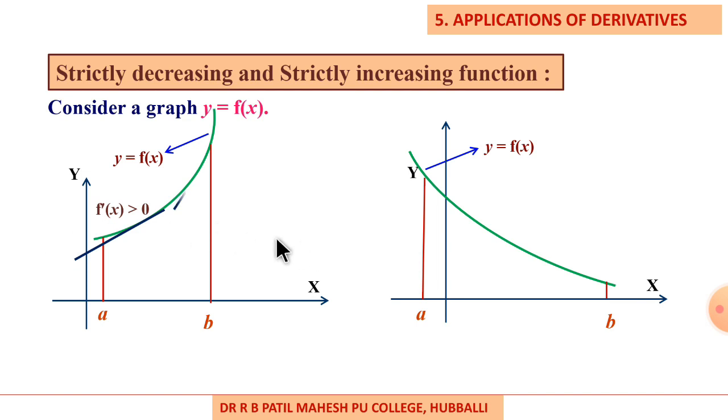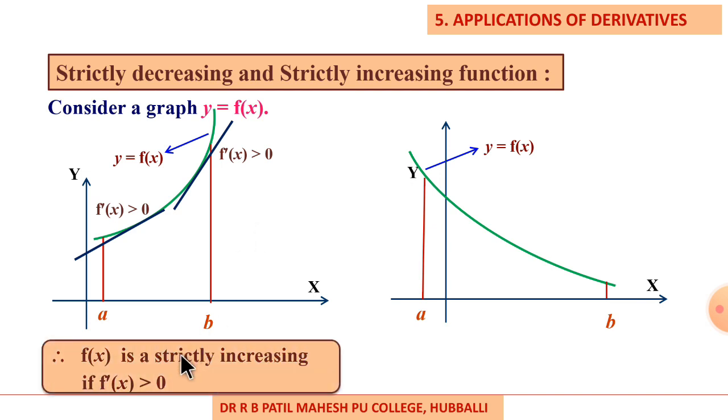This is the first tangent and this is the second tangent. So for the first tangent, f dash of x is greater than 0, and similarly f dash of x for the second tangent is also greater than 0. Therefore, f of x is strictly increasing if f dash of x is greater than 0.